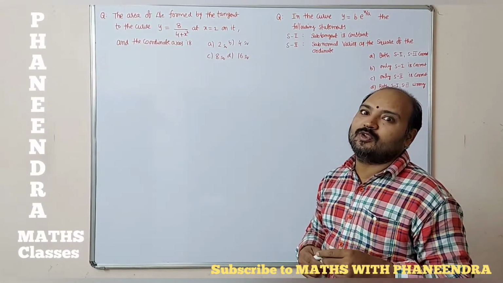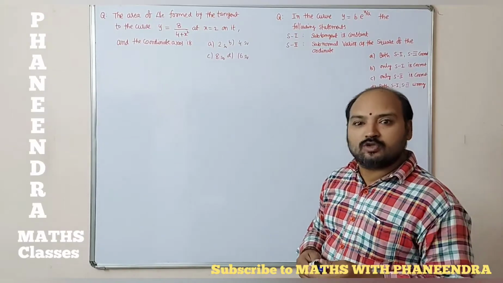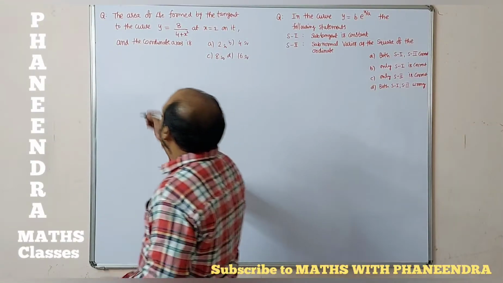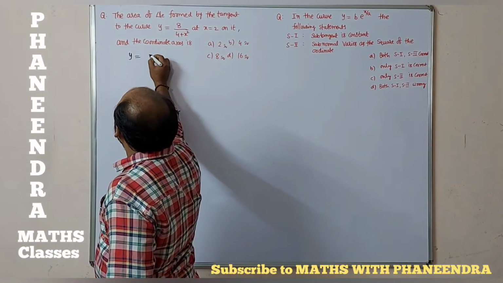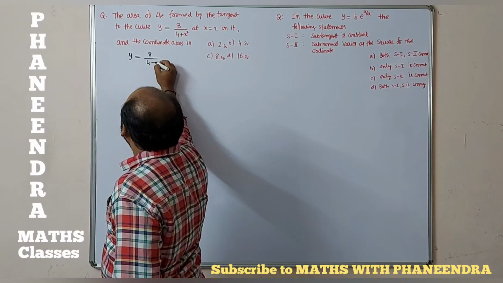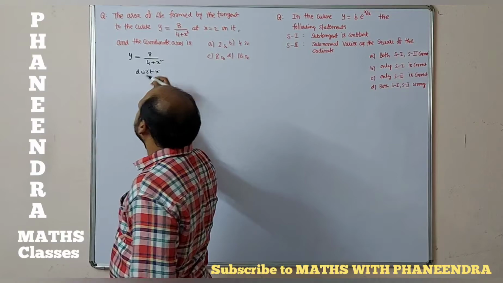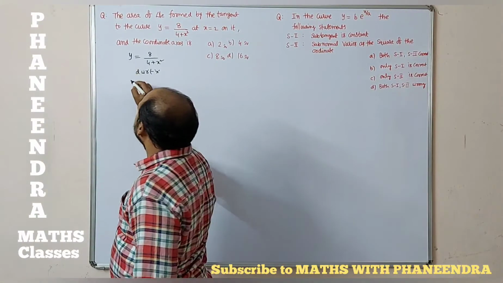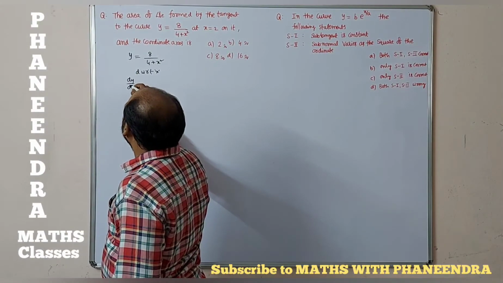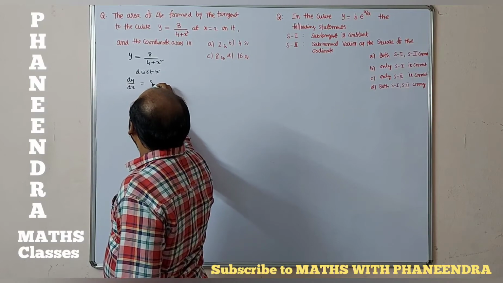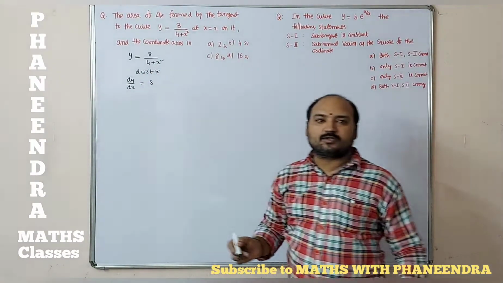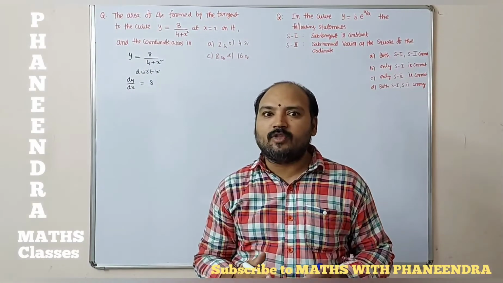Then you can get the answer. So before that, we need to calculate the slope of the curve, or slope of the tangent. The given curve is y equal to 8 by 4 plus x square. Differentiate with respect to x. y derivative is dy by dx or y1. 8 is constant, 1 by 4 plus x square is in the form 1 by x.